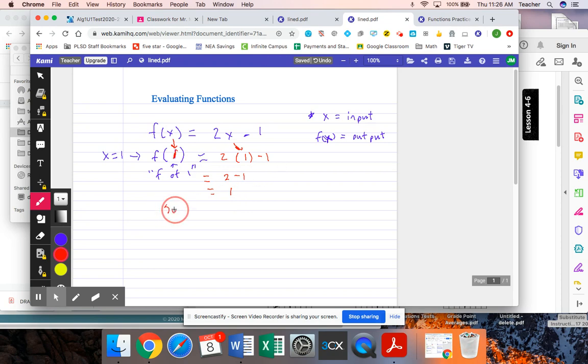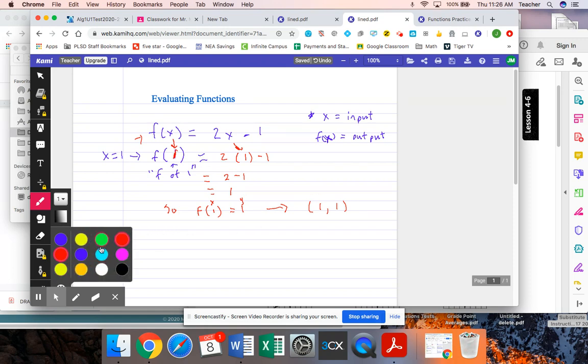So, in general, f of 1, given this function right here, is equal to 1. If I wanted to write that as an ordered pair, I could say 1, 1, because x, y, if you will, because y is the same as f of x.